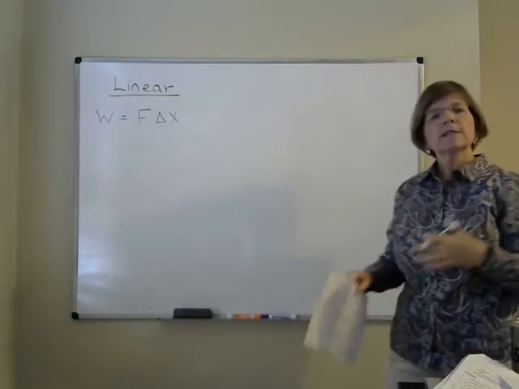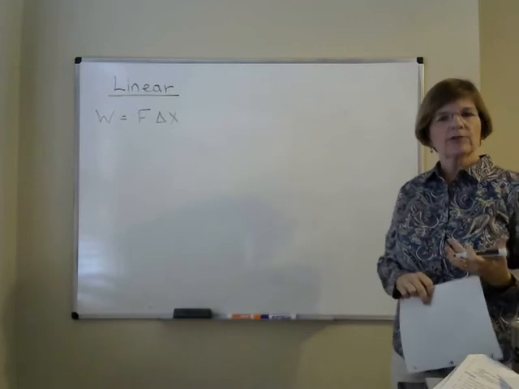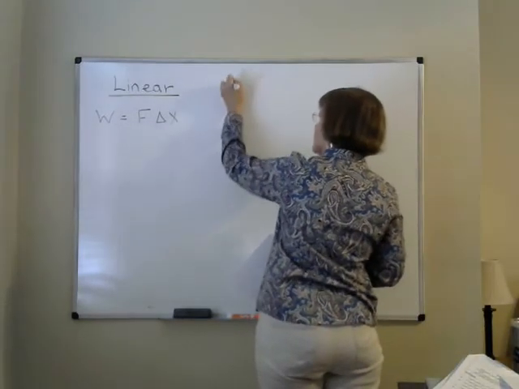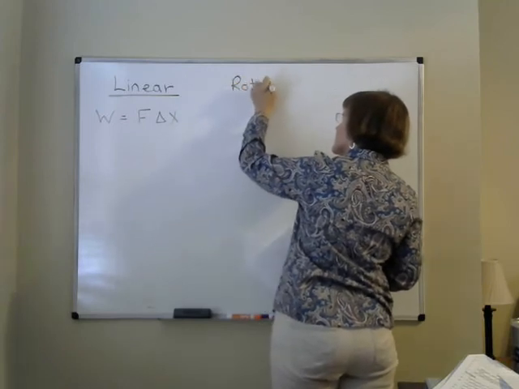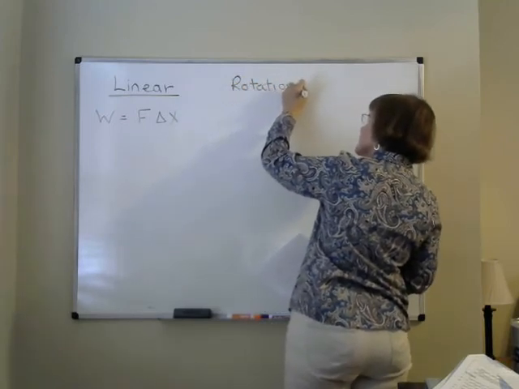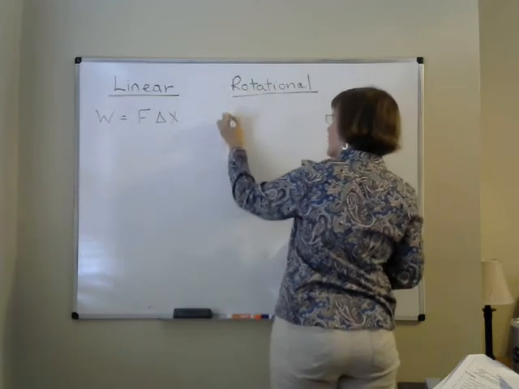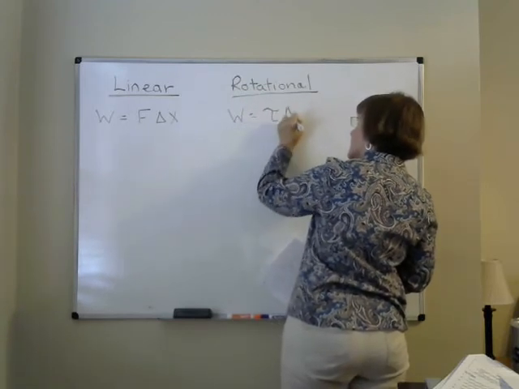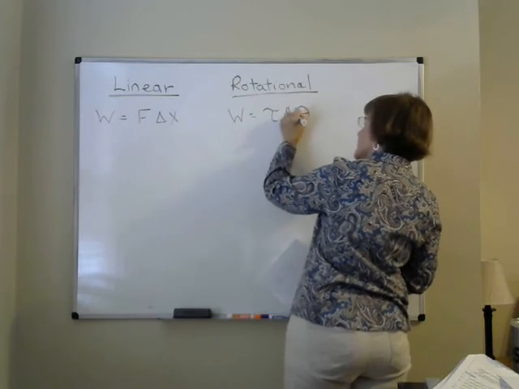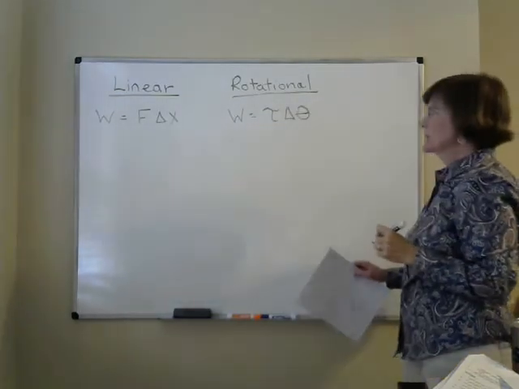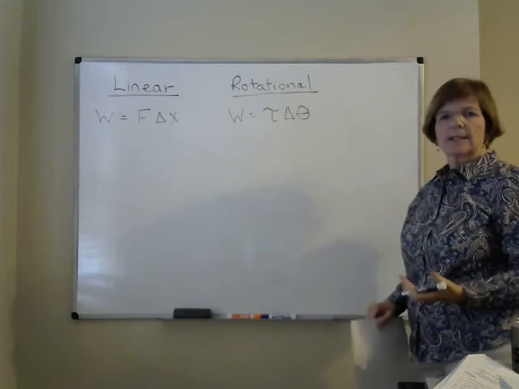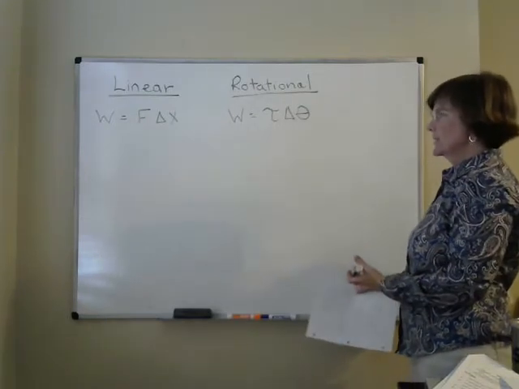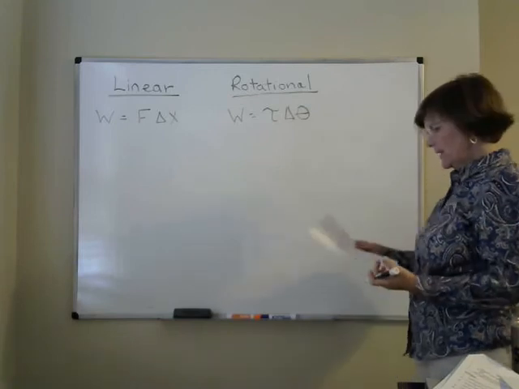Now, the force and the displacement have to be in the same direction, but that's essentially what it is. So from rotational motion, work is simply a torque times an angular displacement. You can see the corollary. Instead of forces, we use torques. Instead of linear displacements, we use angular displacement.